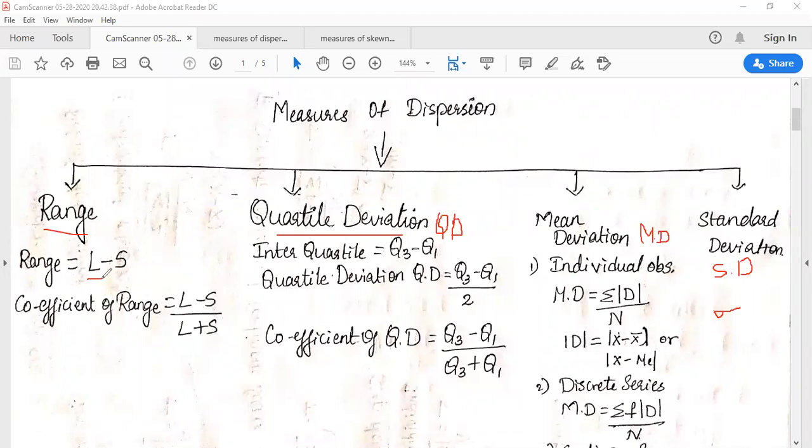Now for every dispersion measure, there are two types of measures that you will get. First one is absolute measure, the second one is relative measure. Now what is absolute measure? Absolute measure is that which is very particular in nature.